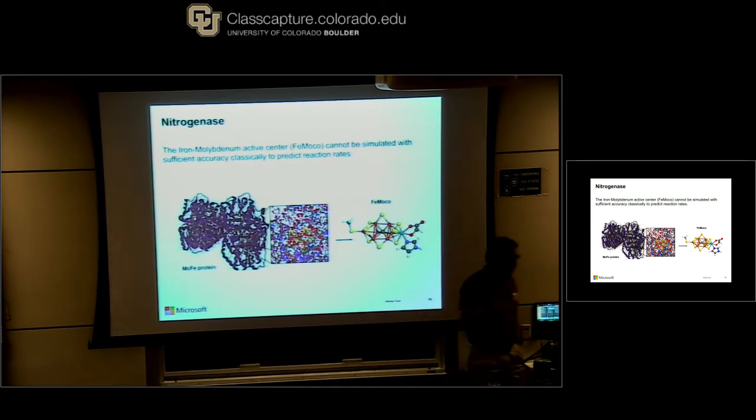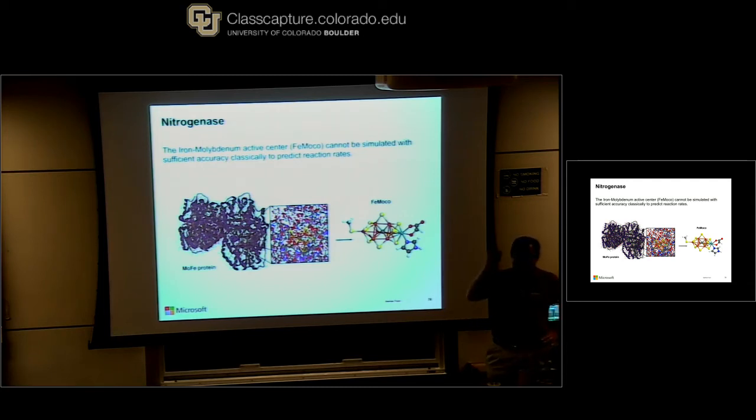So you have 8 atoms with d orbitals. This is totally correlated, and we cannot classically calculate the energy of that accurately enough. Now we want to see how, when this comes together with nitrogen, how it splits apart the triple bond and so on, how it does that.